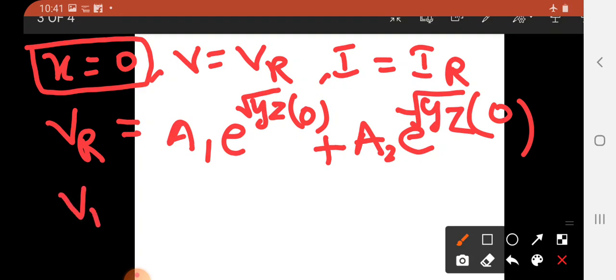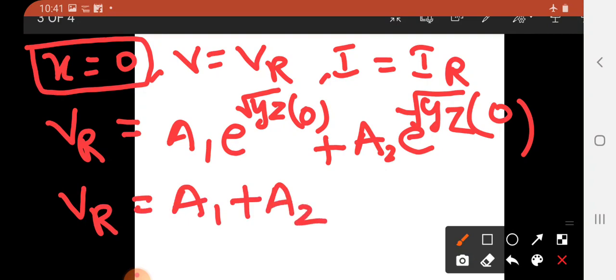So hence VR is equal to A1 plus A2. Let this be equation 7.